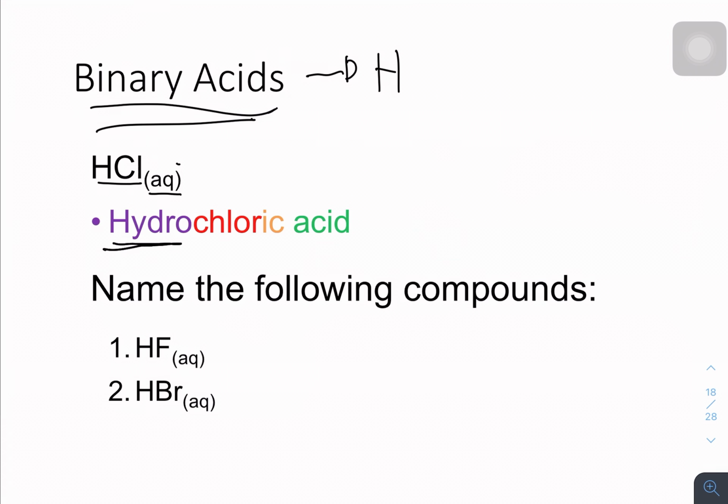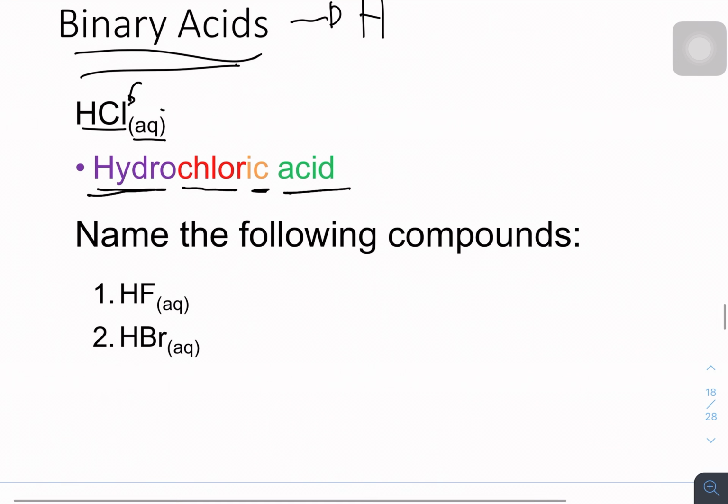Since the second element is chlorine, we use chlor, followed by the IC suffix. These are all fixed additives for the binary acid: the prefix hydro and the suffix IC. We place hydro as prefix, followed by the root name of the second element, followed by IC, then the word acid. So that will be hydrochloric acid.